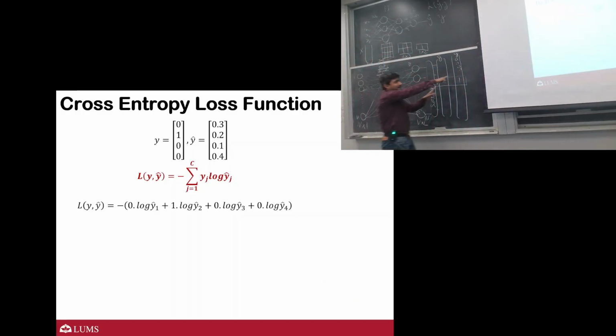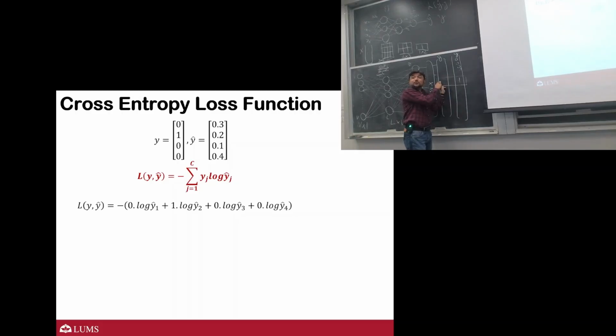So this y is going to act as a gate. It's going to choose the y hat that should have been correct. And then based on this, it's just trying to find out how far this is from it. So it's saying you should have said m. You predicted m with a probability 0.03.